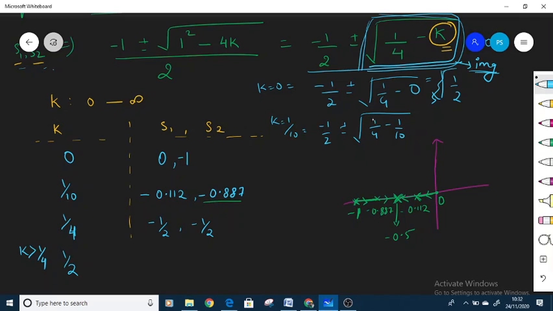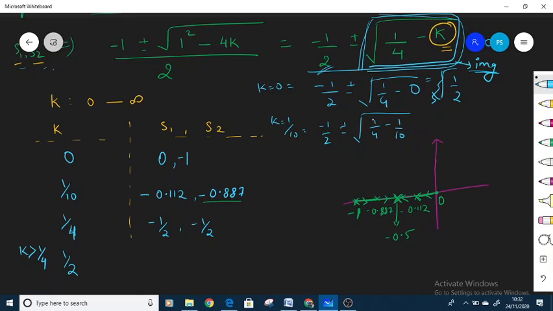And hence whatever values you get here will be minus 1 by 2 as the real part, plus or minus some imaginary part. If you keep on increasing the value of k, this imaginary part's magnitude will keep on increasing. The real part will remain the same, however.